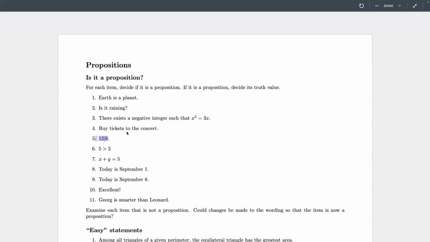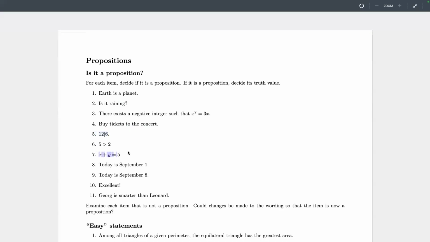Left divides right. A divides B. Is it true? Correct. It's false because 6 divides 12. 6 times 2 equals 12. 12 does not divide 6. There's no integer we can multiply 12 by to get 6. Yeah, keyword integer.